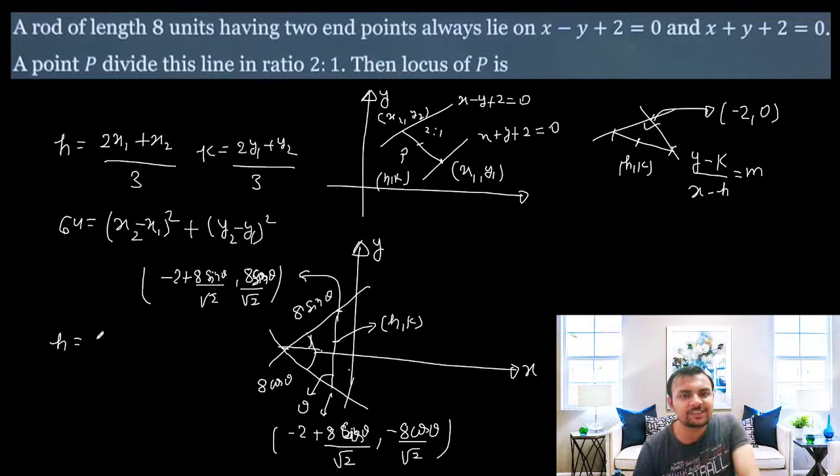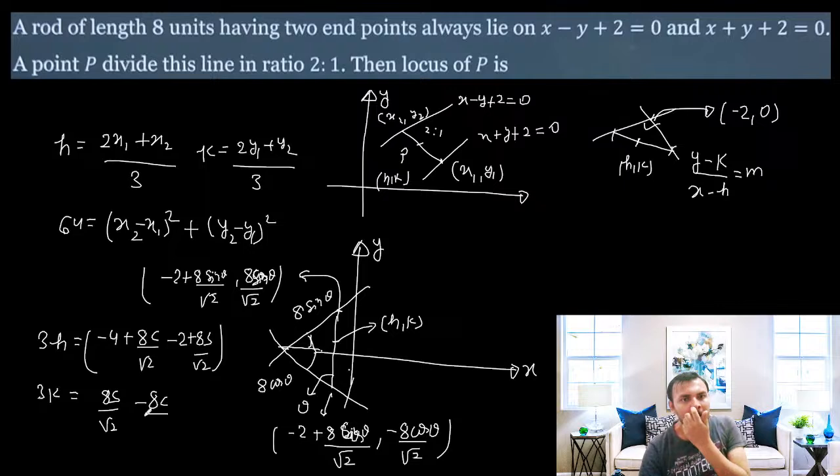That means h is 2, 8c by root 2, 2, 1 by 3, and 3k is 8s by root 2 minus 8c into 2 root 2. This is what we are getting.